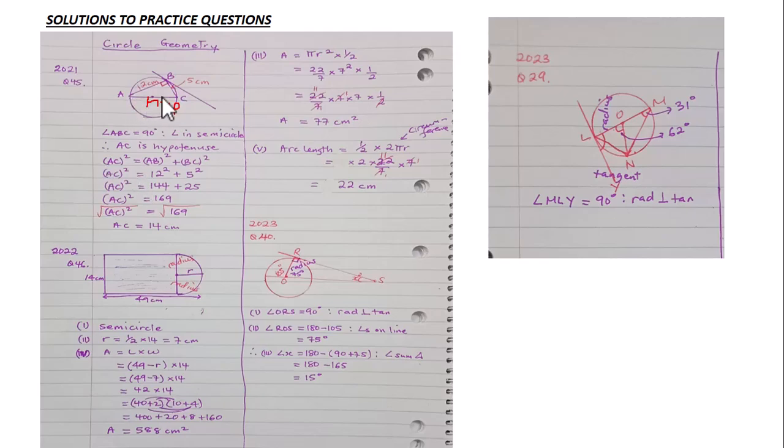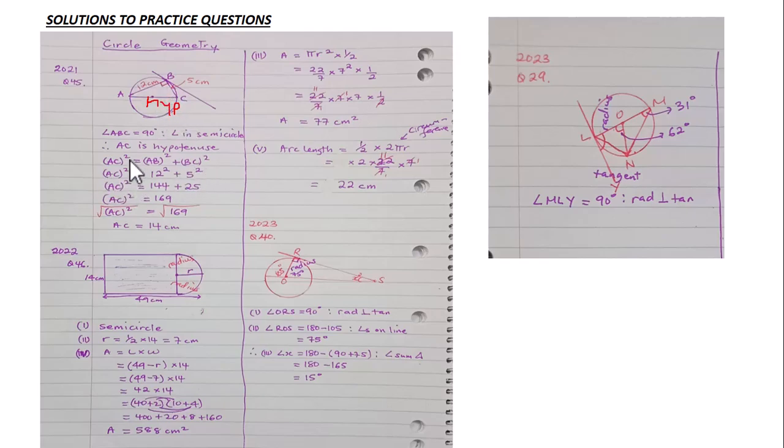The square of the hypotenuse, AC squared, is equal to the sum of the squares of the two shorter sides, AB squared plus BC squared. So AB is 12, square it. BC is 5, square it.